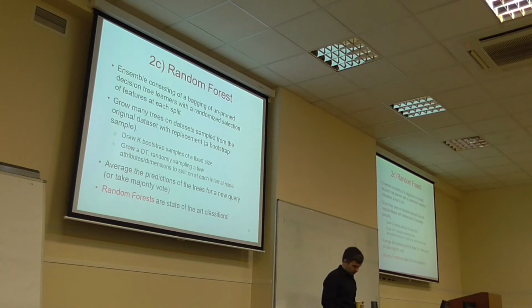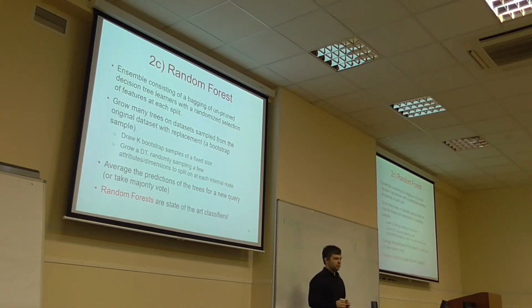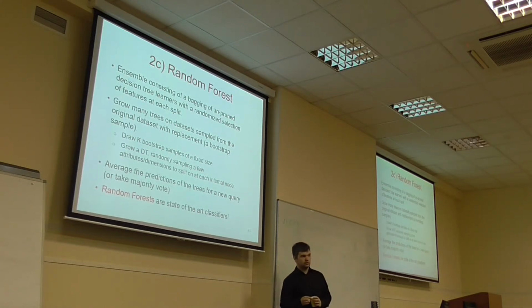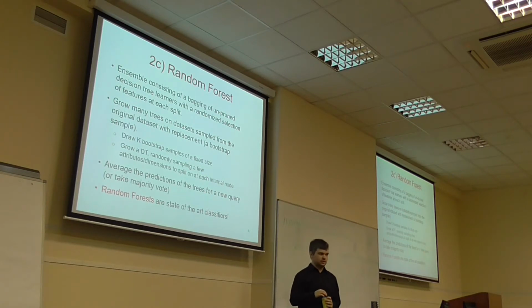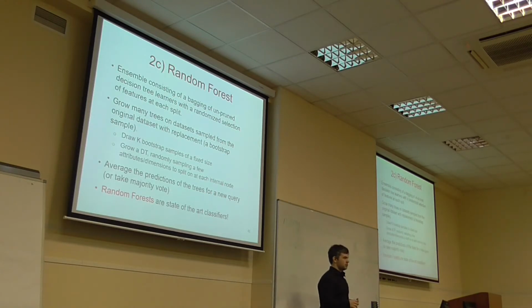Okay, one more very powerful and yet state-of-the-art approach that I encourage everybody to try as a second step of their research. Because if you do better than random forest, then your model is already not too bad. So I suggest you try random forest. How many of you know what random forest is?